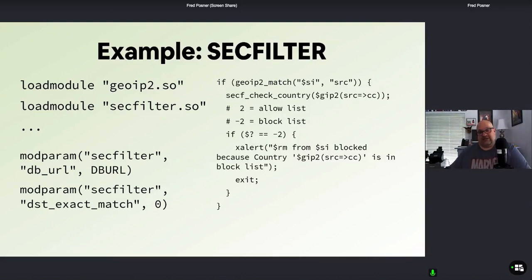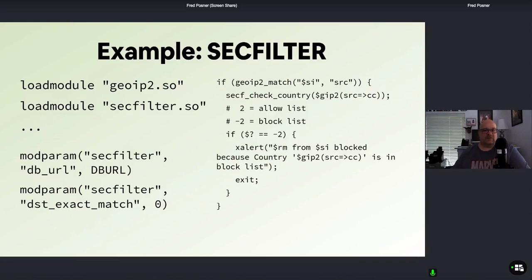We set it up by saying, for example, where in the database we're going to get the settings or get the lists. We're going to determine whether or not we're going to have a match. And then, if we wanted to do a GeoIP match, we're going to check that source IP, which is that $si, and then we're going to check if that country is in our allow list or block list.